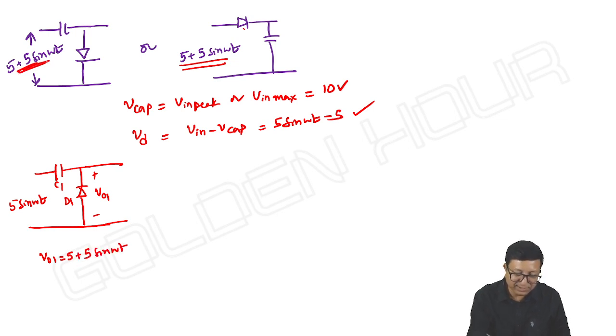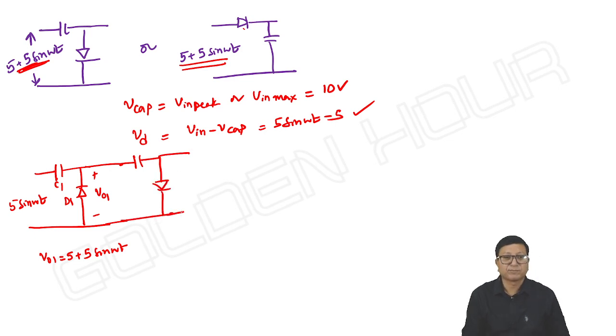This is what you are getting here. Now give that 5 plus 5 sin omega t as input to our negative clamper.